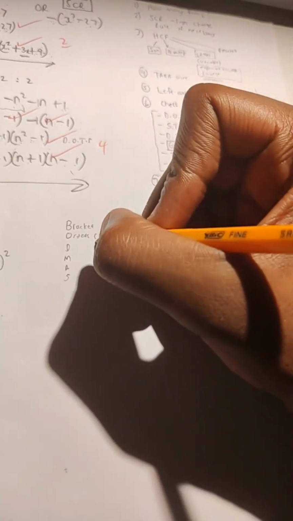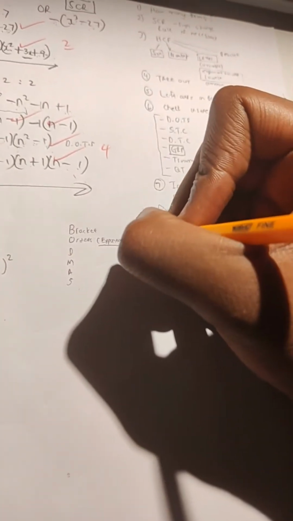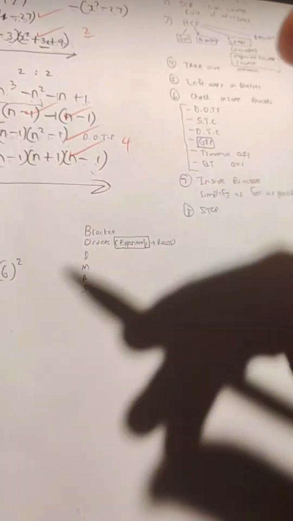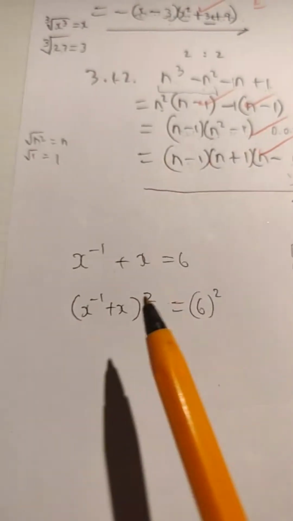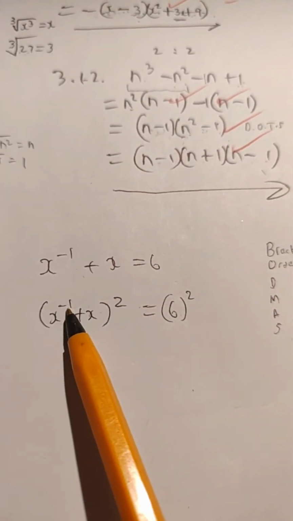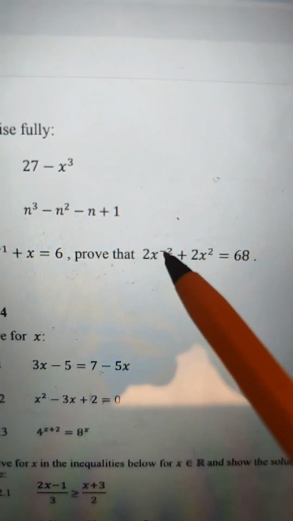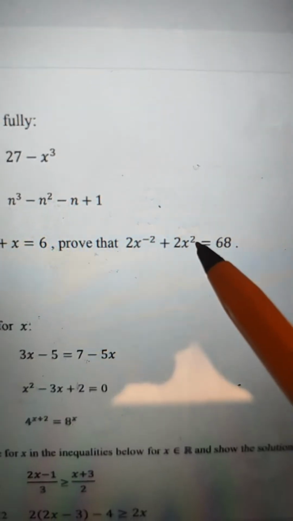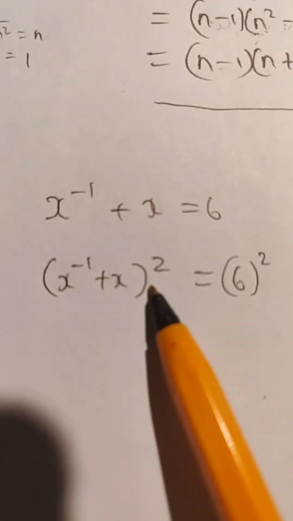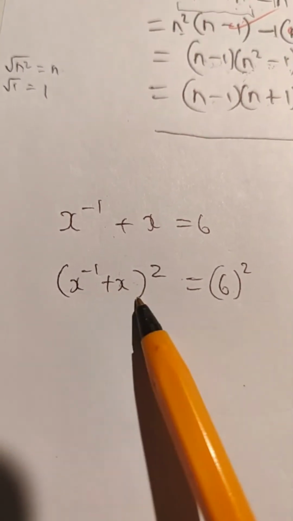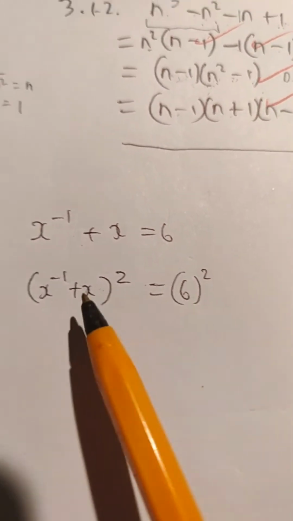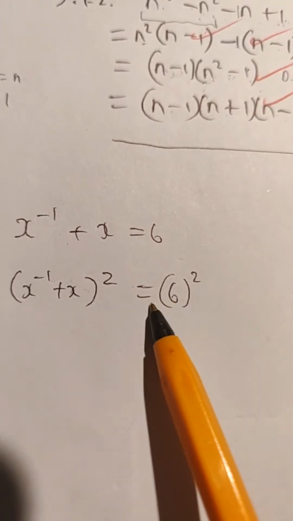So I want to apply something that will affect the exponent of negative 1 and the exponent of x so that I get this x to the power negative 2 and x to the power 2 as well. So I am thinking of squaring the left, but what I do on the left, I am going to do on the right. If I square the left, I'm going to square the right.